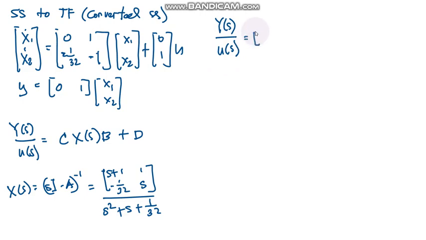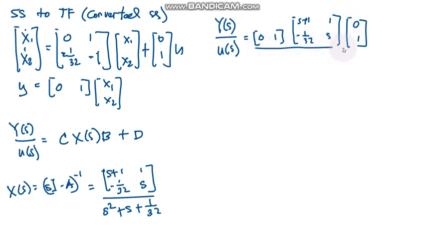So C here will be 0, 1, and then our X of s here, we copy everything, and then the B, which is 0 and 1, and the denominator, which is s squared plus s plus 1 over 32. Now, you don't need to write here the D, it's understood, but just to emphasize, we still have plus D here.